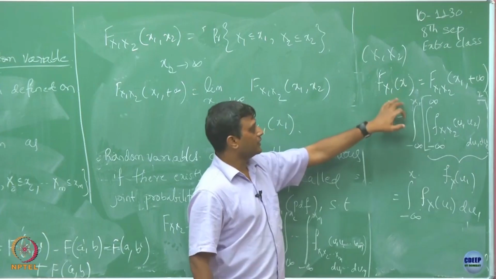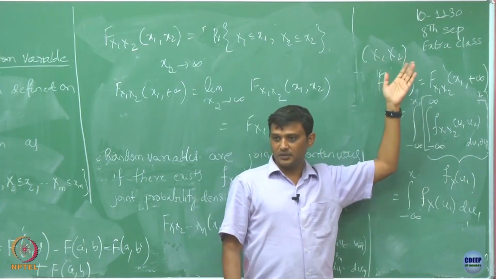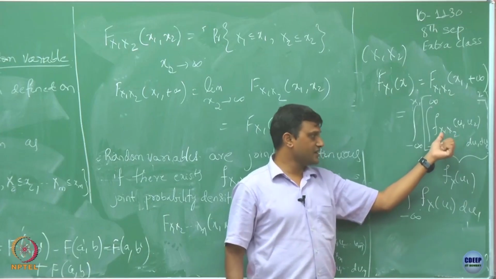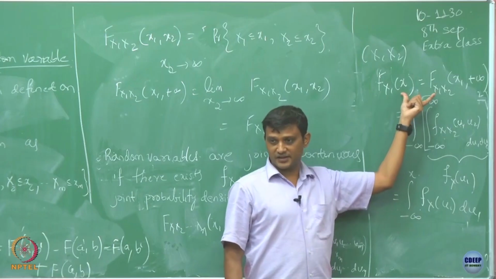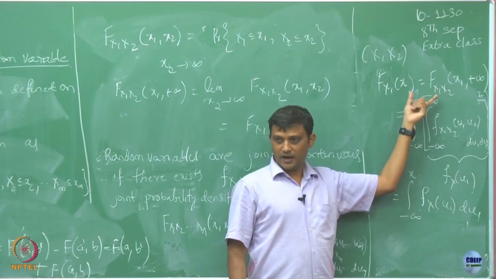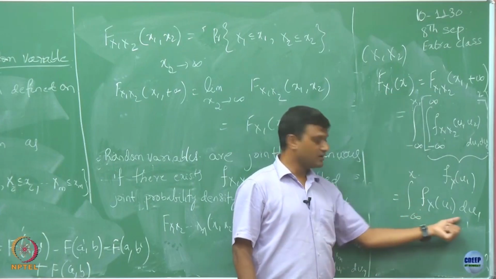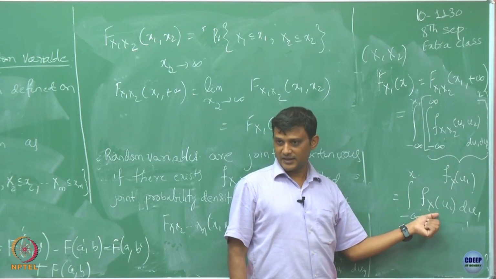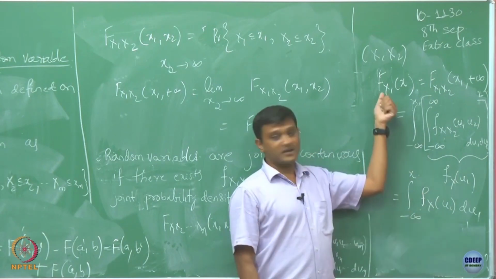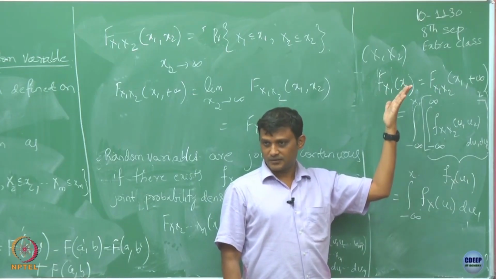Suppose x1 x2 are jointly continuous; by this definition there exists such a function f of x1 x2 which satisfies this relation, right? And from that I have derived f of x1, which implies that my random variable x1 is a continuous random variable, right?